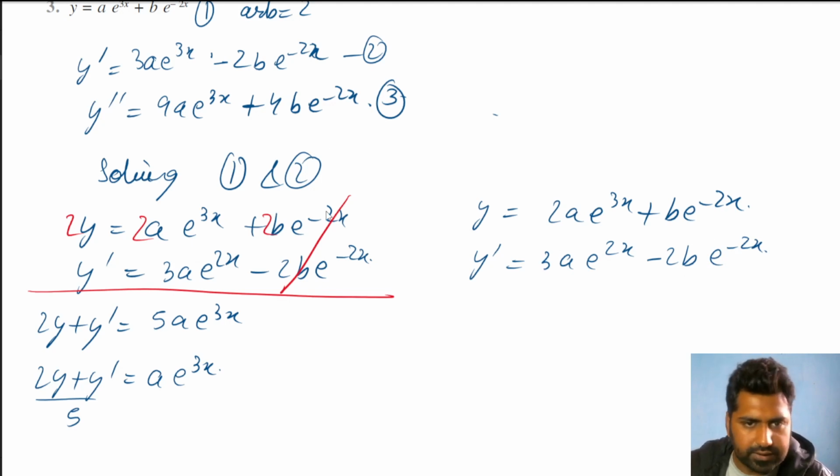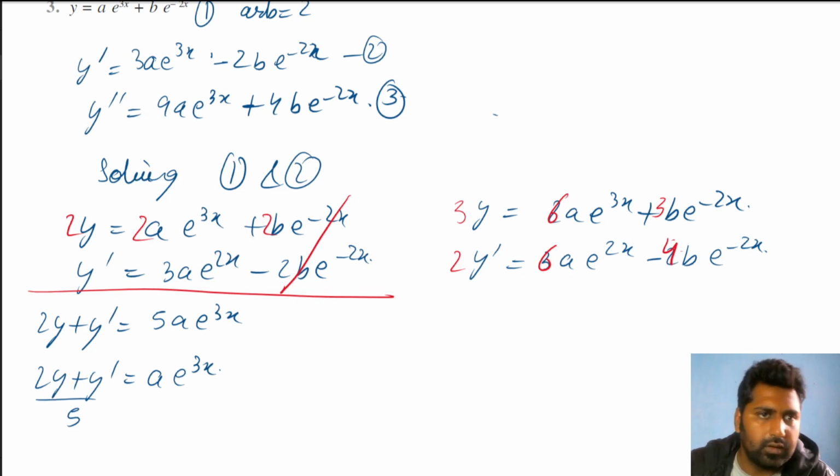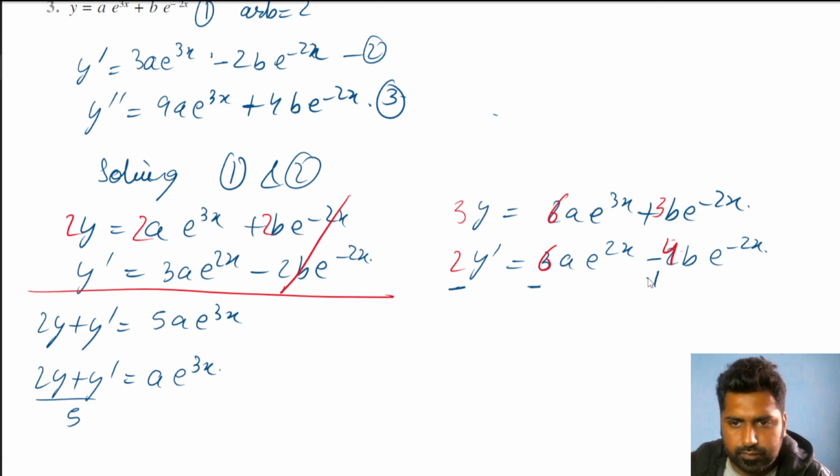Last time we eliminated b e raised to power minus 2x. Now we'll eliminate a e raised to power 3x. So I'll multiply the first equation by 3, and the second equation by 1. Now instead of adding, subtract them. Something from linear equations elimination.